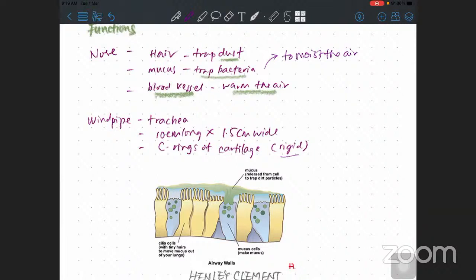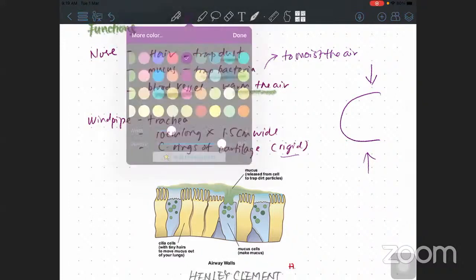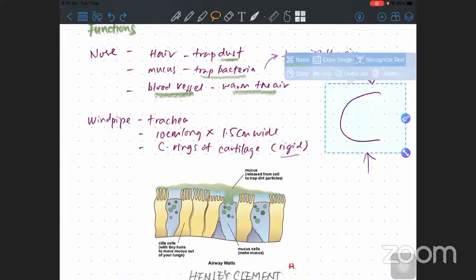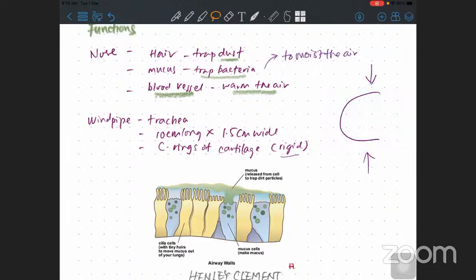This is a C. If you apply some pressure here, this windpipe will not change its shape.